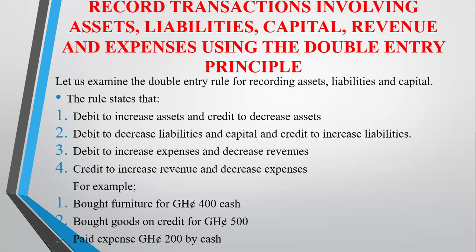So that is what this is saying. If there is increase in expenses, we should debit it. And if there is decrease in revenue, we should debit. That is what this is also saying.